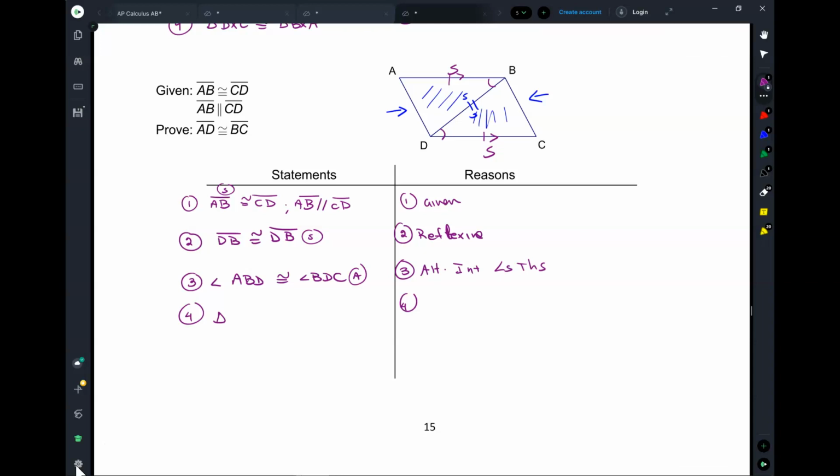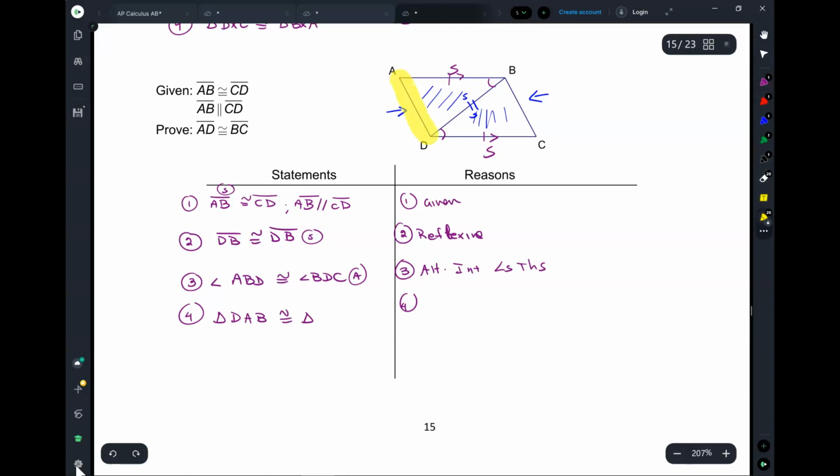So now I can say triangle... Okay, so we're going to try to show those triangles are congruent, right? So triangle DAB is congruent to triangle what? Tell me now. So if it's DAB, CBD, is that right? So DAB, where did I start?